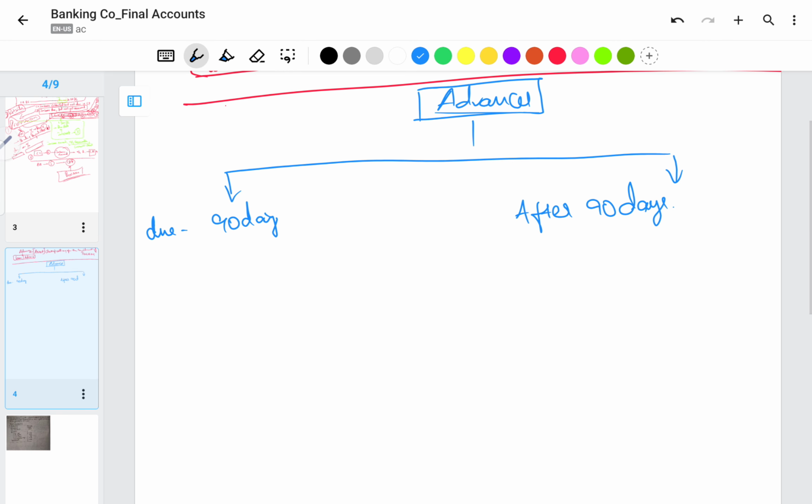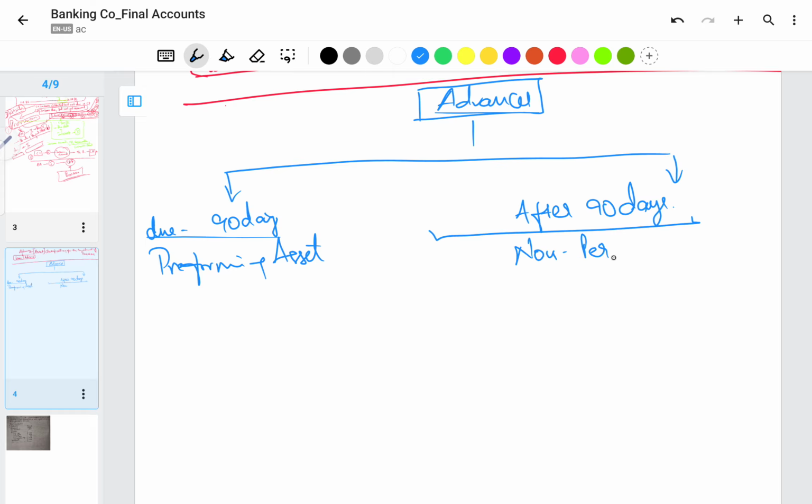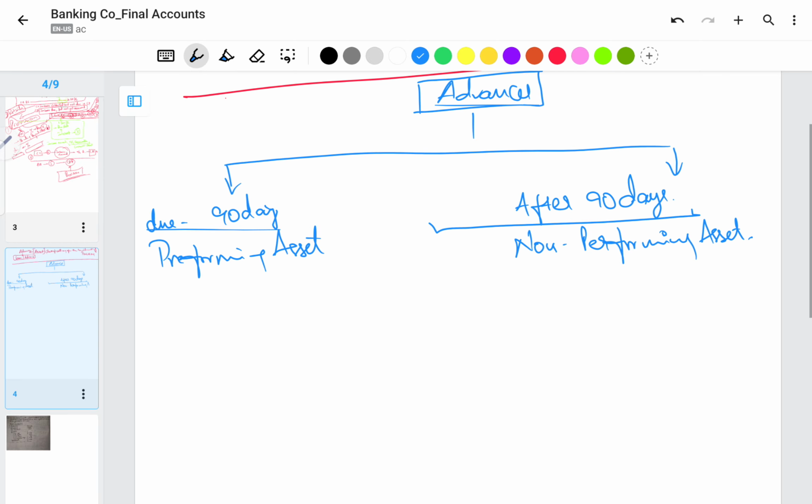Clear? For this, they name it performing asset, and here they name it non-performing asset. Clear? Here, performing asset is also known as standard asset.